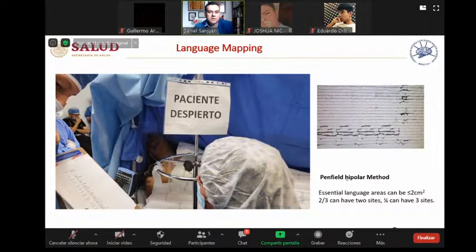So in language mapping, the Penfield bipolar method is also needed because the other multiple strip is not adequate for this kind of mapping.